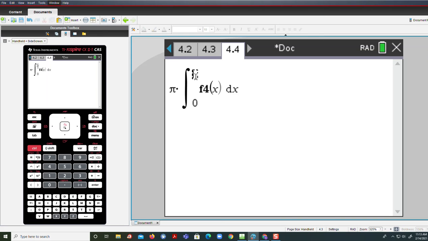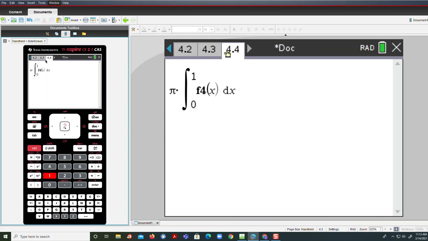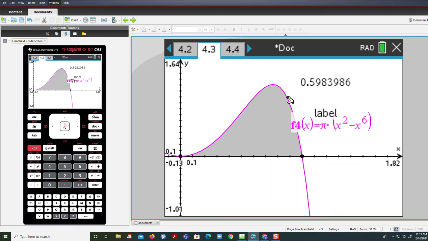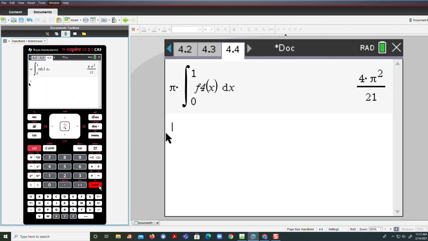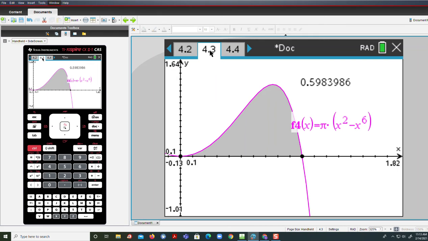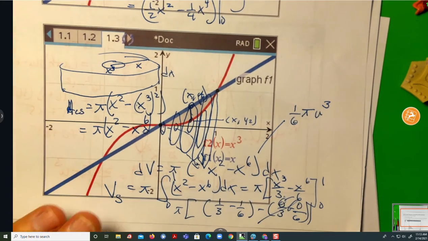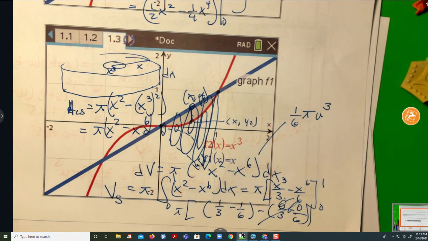Okay, and now that's f4. So I can just use f4 there. Oh, wait a second. They can't. Well, let's double check this. Oh, I found a mistake. We're going to have to go back and fix something. Okay, see, I was going so fast, I made a mistake.